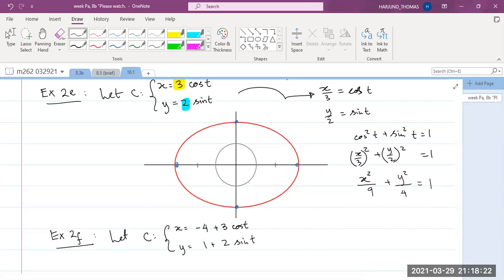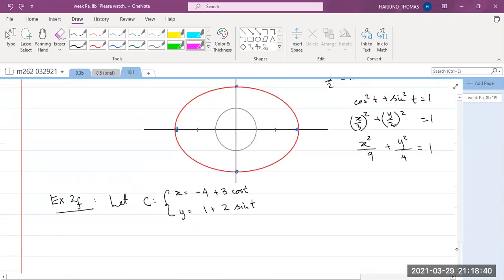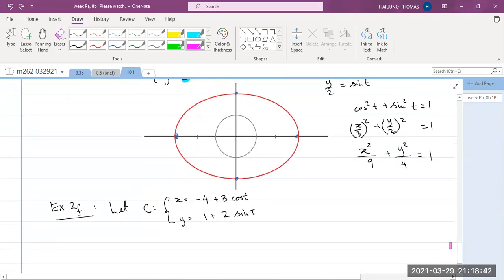So from 3 cosine t, I add -4, and from 2 sine t, I add 1. Now what will the effect of that be? Basically, the x will subtract by 4. You move to the left 4 units. And the y will increase by 1.